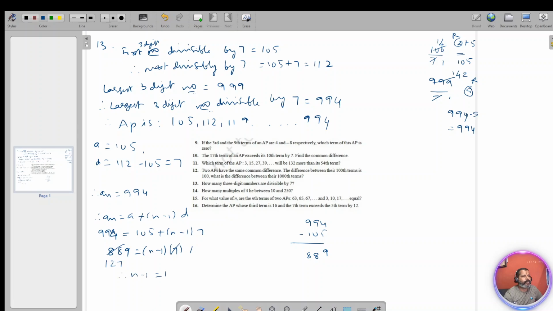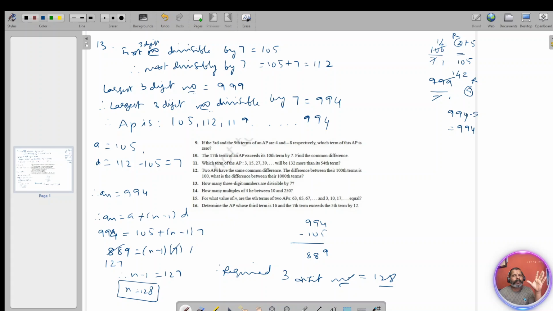Therefore, n minus 1 is equal to 127, n is equal to 128. Okay. Therefore, the required 3-digit numbers is equal to 128. That means there are 128 multiples of 7 among 3-digit numbers. That's the answer.